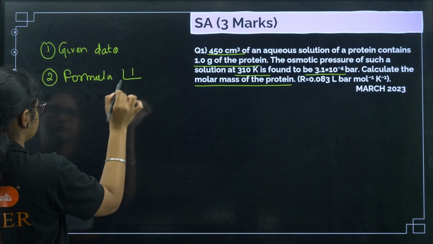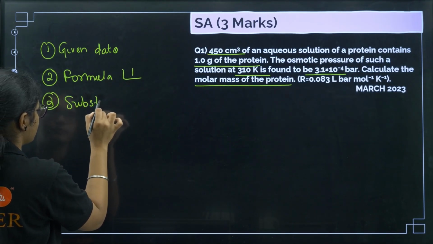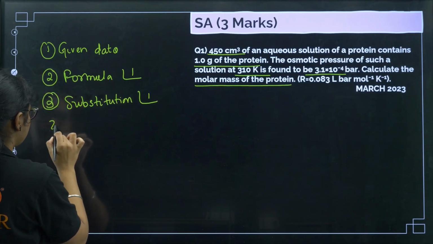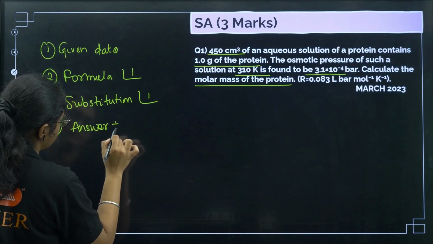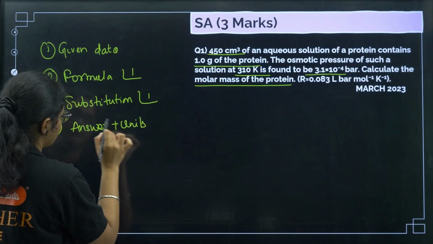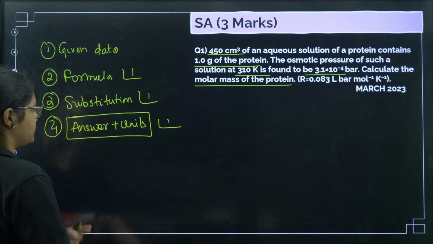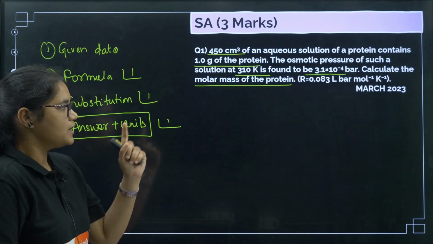This carries 1 mark. Third, to do correct substitution. This carries 1 mark. And fourth is to write the answer with units, and remember to make a box around this answer. This will carry 1 mark. So we have 4 steps and marks will be given for 3 steps.